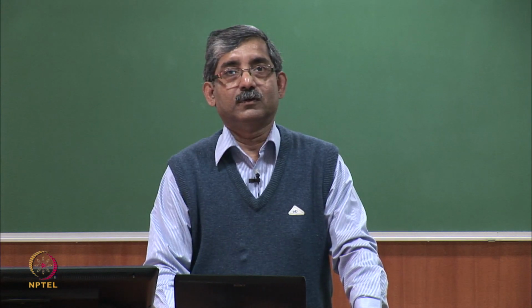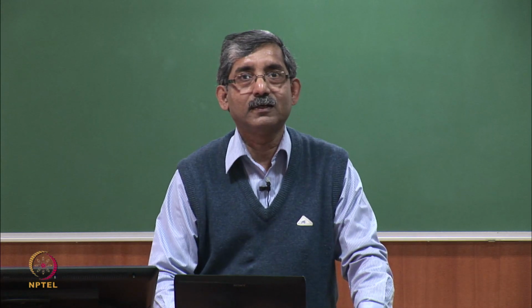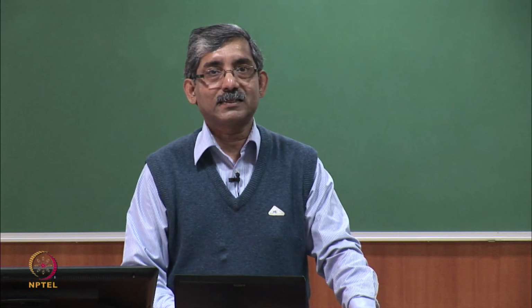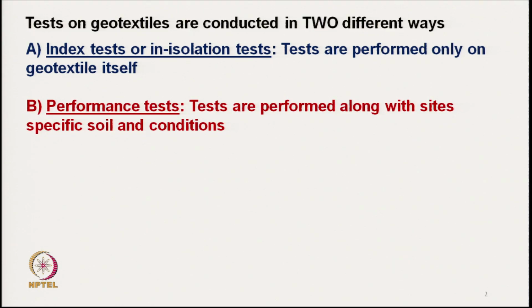So, if we divide the tests for geotextiles, we can divide them in two broad ways. First is the index test, that is an in-isolation test, where we do not need any field trial or field test, or the textile material is tested separately in isolation.